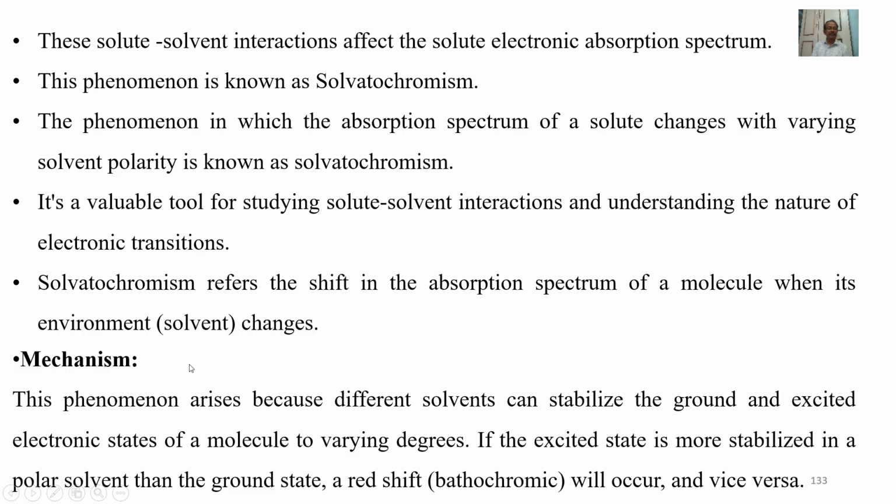Mechanism. This phenomenon arises because different solvents can stabilize the ground and excited electronic states of a molecule to varying degrees. If the excited state is more stabilized in a polar solvent than the ground state, a redshift, bathochromic, will occur and vice versa.